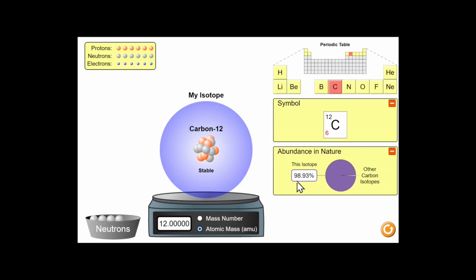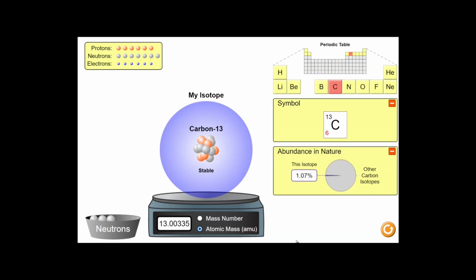Notice here the difference in the relative abundance. 98.93% of carbon on Earth is carbon-12. It's great. It's very, very, very stable. It's cheap to make. It's abundant, and it's easy to isolate. Let's add a neutron.